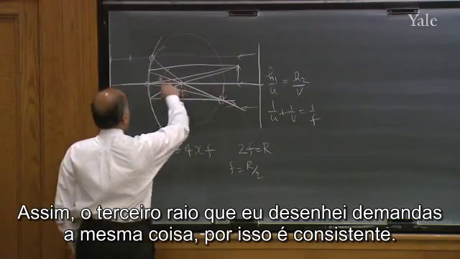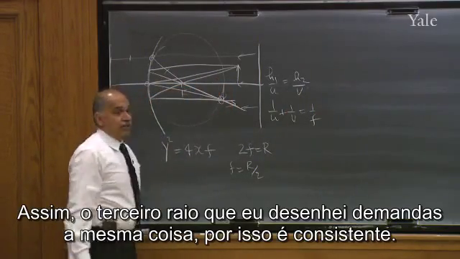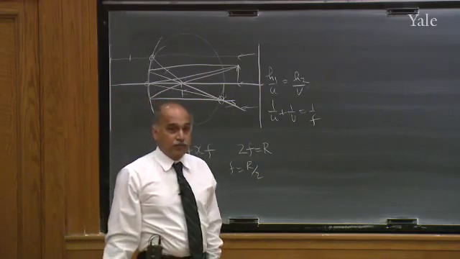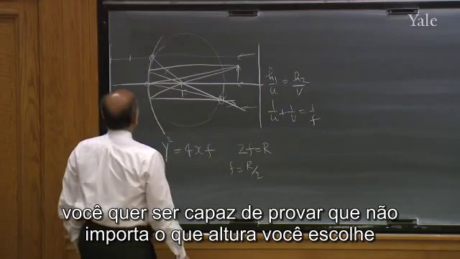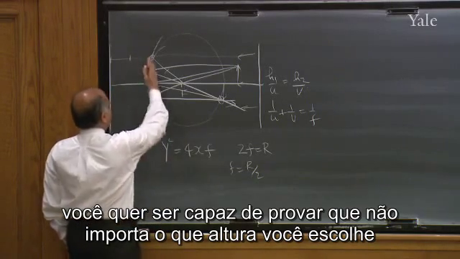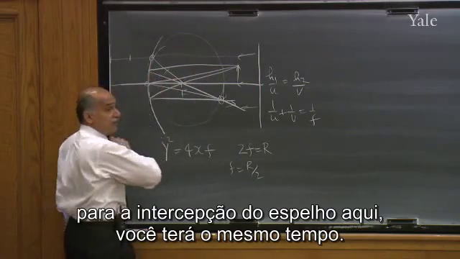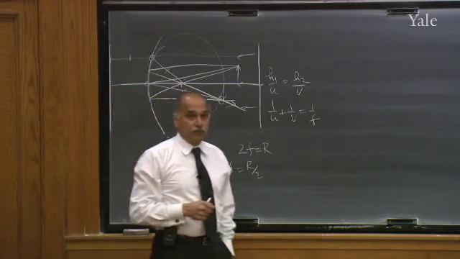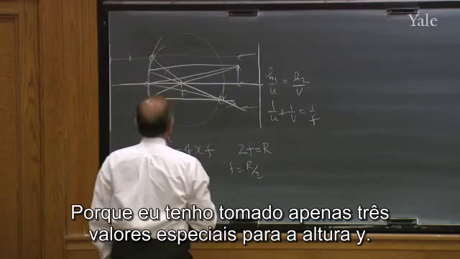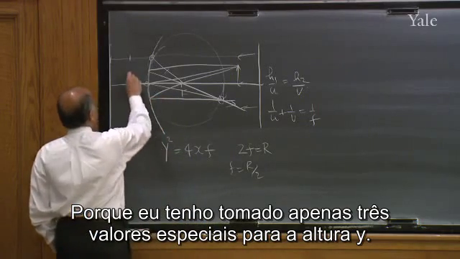So the third ray, which I drew, demands the same thing, so it's consistent. But if you really want to nail this down, you want to be able to prove that no matter what height you pick for the interception of the mirror here, you will take the same time. Because I've only taken 3 special values for the height y.